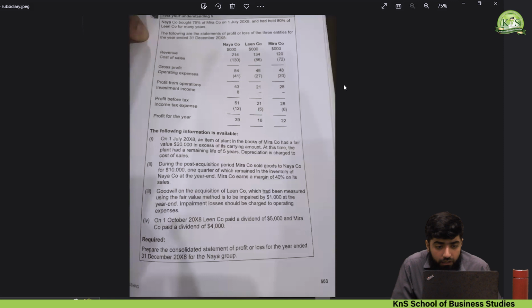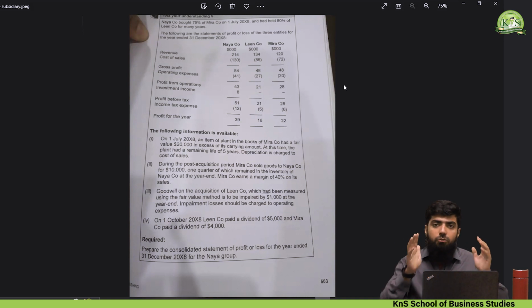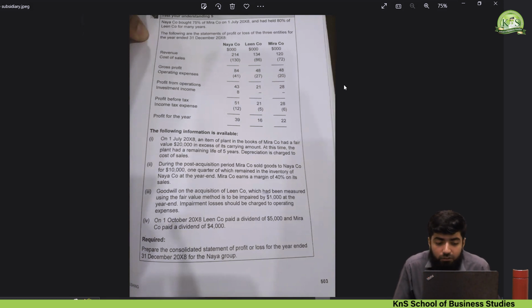The plant had a remaining life of 5 years and depreciation is charged to cost of sales. Whatever treatment we performed in a single subsidiary case will be adopted in a multiple subsidiary case, with no major changes, but you have to be attentive so that minor errors don't arise. Second adjustment: during the post-acquisition period, Media company sold goods to Naya company for $10,000.